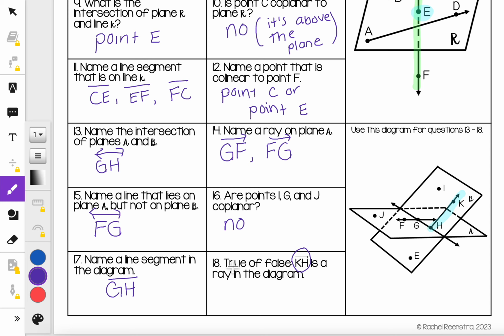All right, so this would actually be false. The proper way to name this ray would be ray HK, okay, because that's my endpoint and then I'm going forever in that direction of K. Okay, so ray HK is a ray in the diagram.